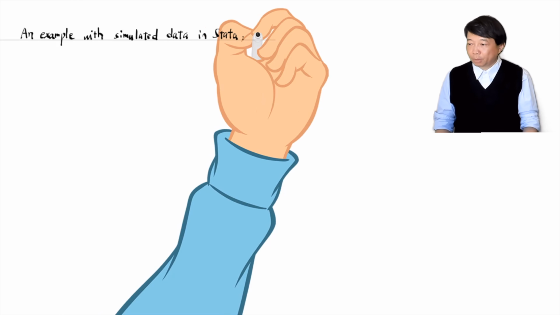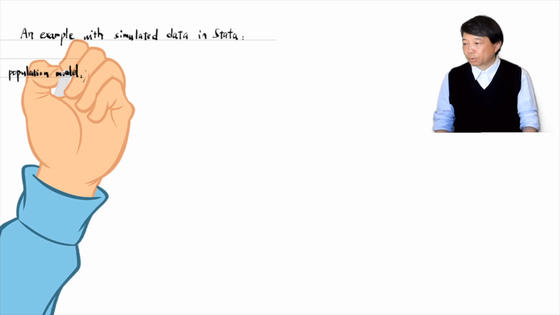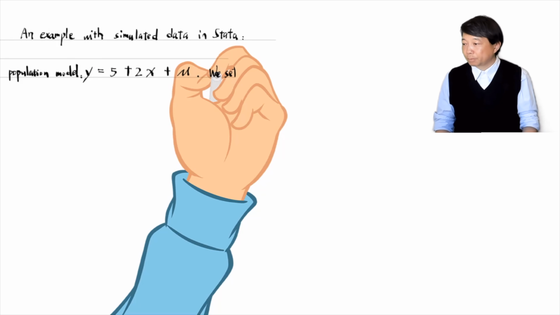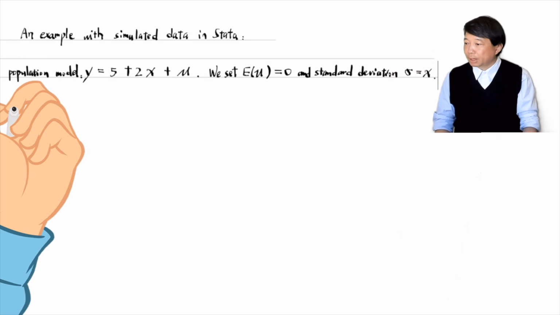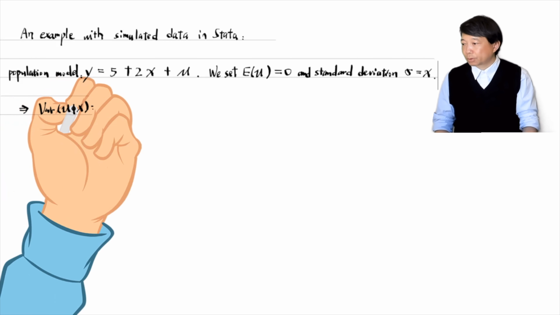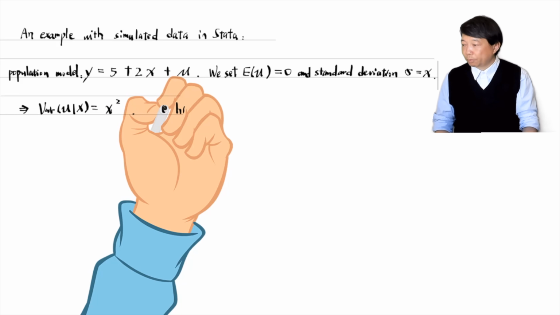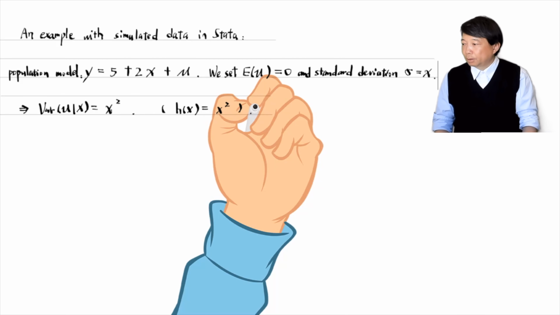Suppose the population model is y equals 1 plus 2 times x plus mu. I set the error term mu with a zero mean and a standard deviation of x. In this way, the error variance equals x squared, and it increases with x. The h function is x squared.